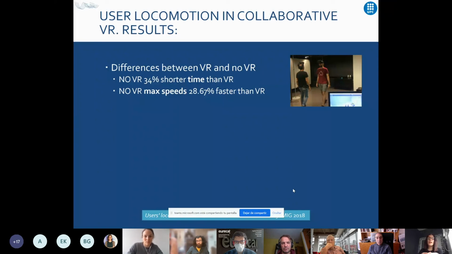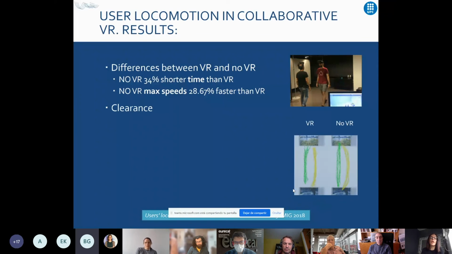So there are still some issues in virtual reality that make us not fully believe that the physical objects in the real room are not going to make us collide or cause any kind of incident.